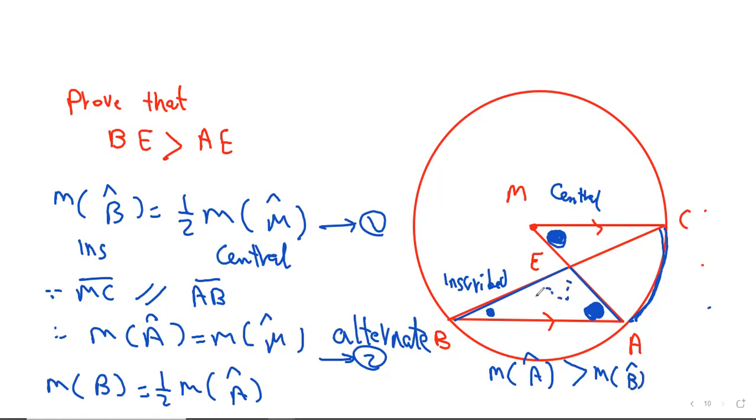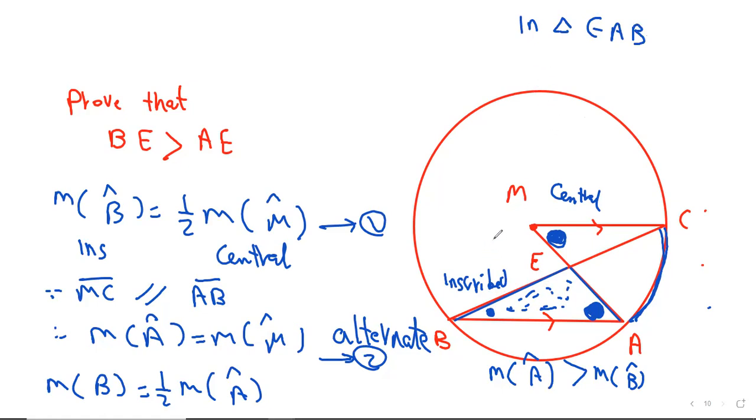And if we focus on this triangle, we have two angles and we are comparing between them. One of them is smaller than the other. The greater angle is opposite to a longer side. So in triangle EAB, we have a smaller angle and a greater angle.